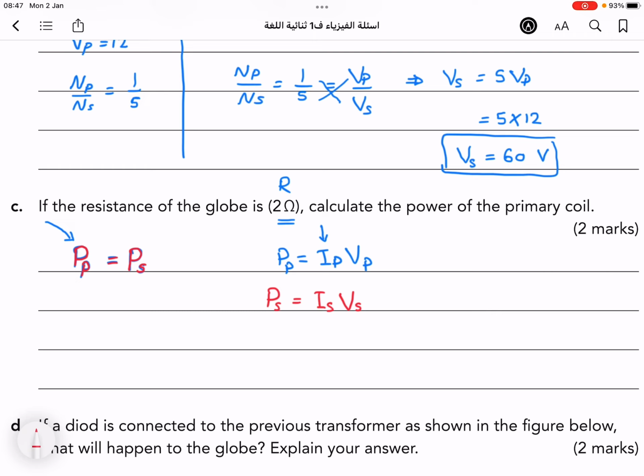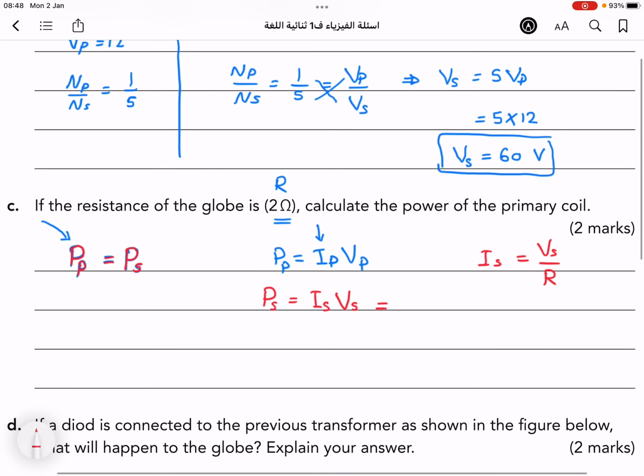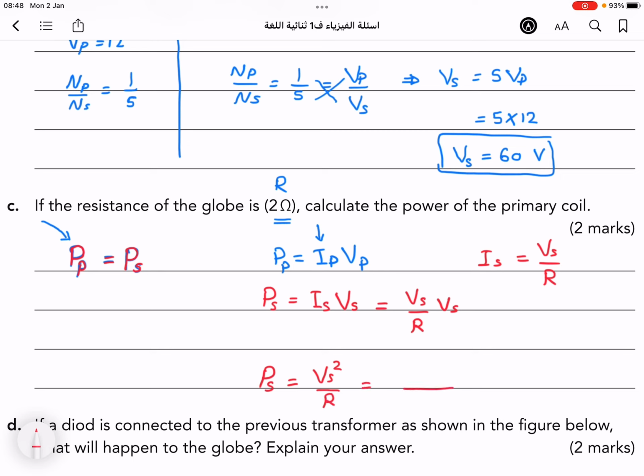Then I can say that IS equals VS over R. Then I put them here. So PS equals VS over R times VS. We can write it as follows: PS equals VS square over R. Then I have just calculated VS in part B, which is 60 volts.